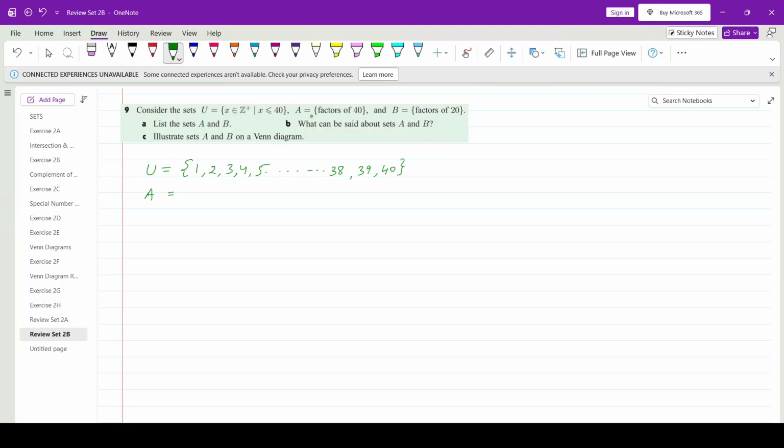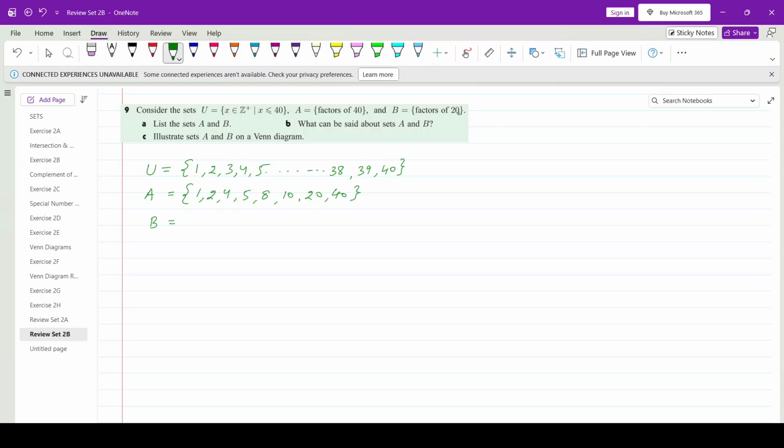Set A contains factors of 40: 1, 2, 4, 5, 8, 10, 20, and 40.